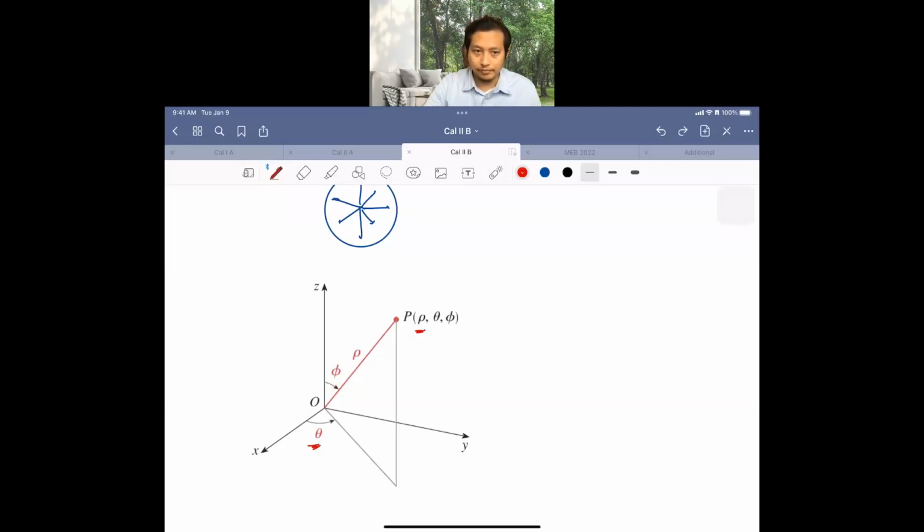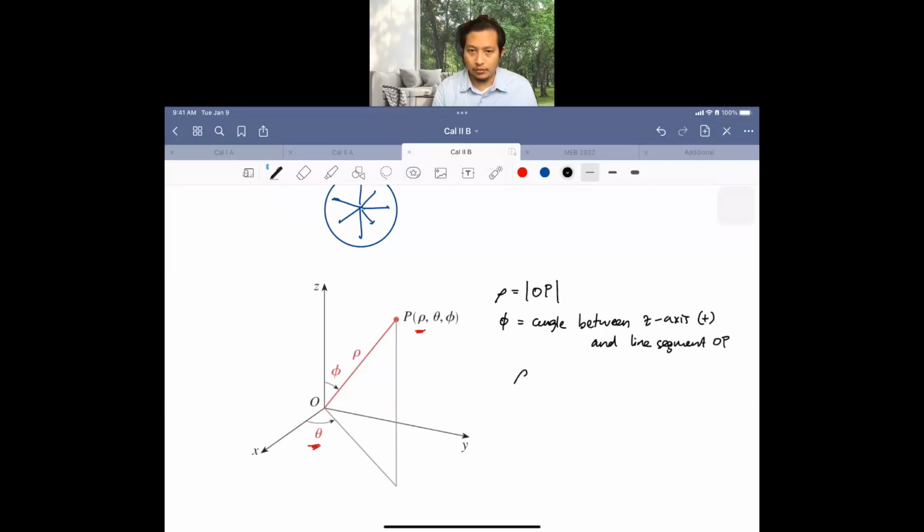We could say that the radius rho is the distance of OP, and theta is the same angle as in the cylindrical coordinates. And psi is the angle between the positive z-axis and the line segment OP.